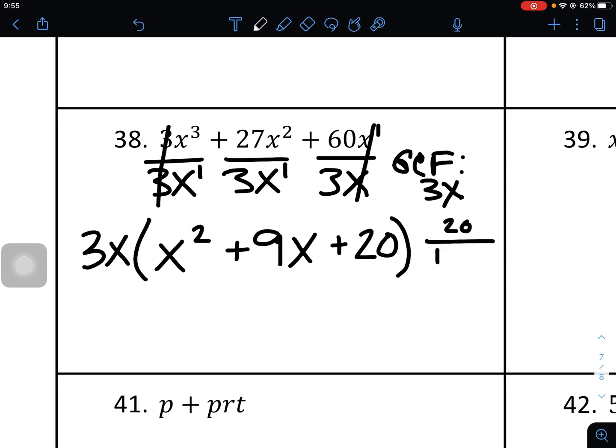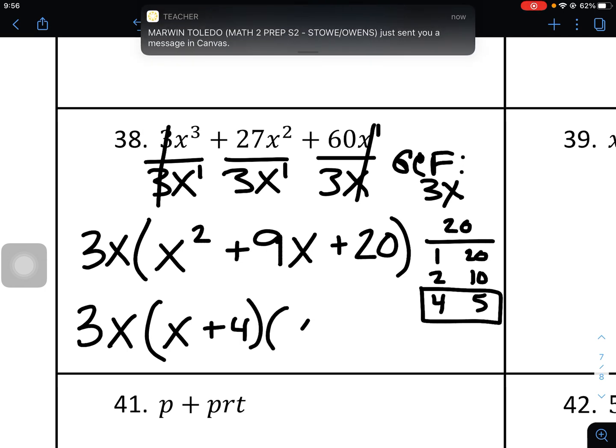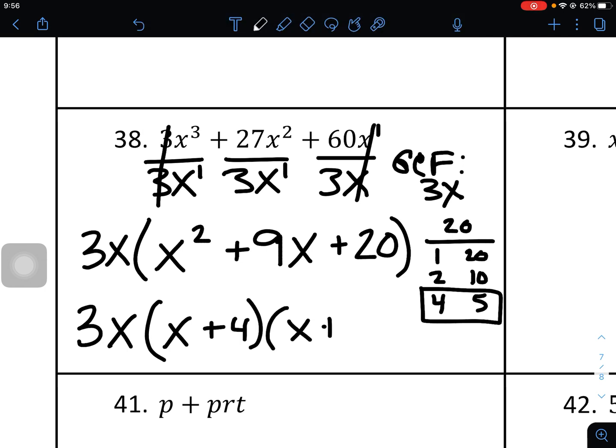The nice thing here is that all of my values are positive, so it's either going to be 1 and 20, 2 and 10, or 4 and 5. And since 4 plus 5 is equal to 9, we're going to choose those two values. So what we're finally left with is 3x times x plus 4 times x plus 5.